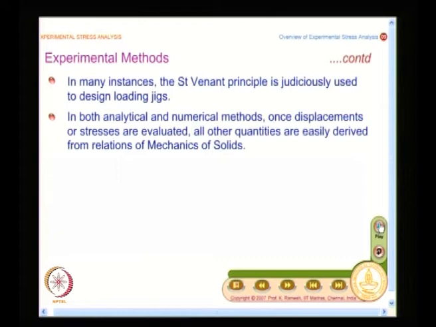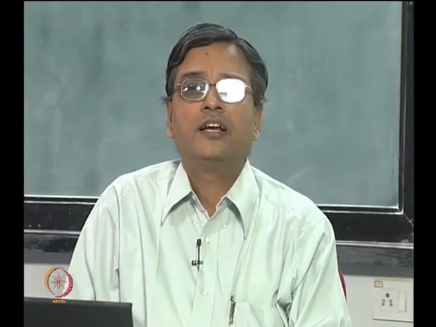There is also another difference. In the first example I showed, an axial member pull, you have P by A as the stress component, and the rest of the stress components are 0. If you want to find the strain, you can easily find it, because you have readily available mechanics of solids equations: stress-strain relations and strain-displacement relations.